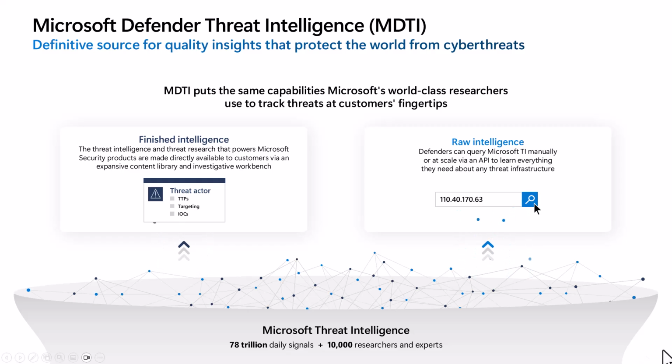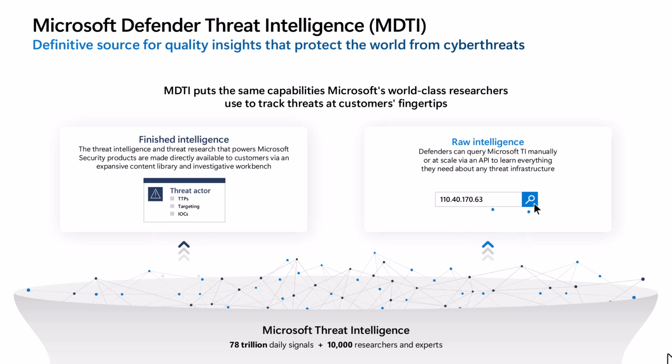Finished intelligence, on the other hand, is created by our Microsoft Threat Intelligence Center (MSTIC) research team, who layer their research to create the finished intelligence. This includes articles, intel profiles about actors and tooling, and activity snapshots from thousands of experts, informed by tens of trillions of signals.